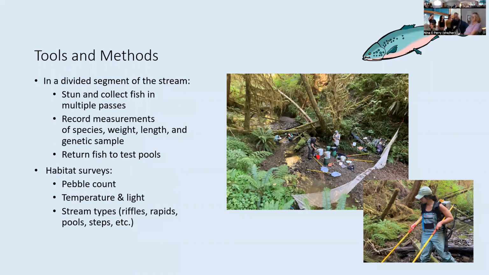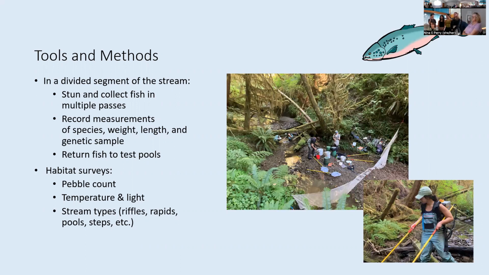The second part of it is habitat surveys. We study the physical characteristics of the stream, like doing a pebble count, which is checking the rocks and pools to see the granular size. We also study the temperature of the water and light penetration through the tree canopy, which are very much linked.